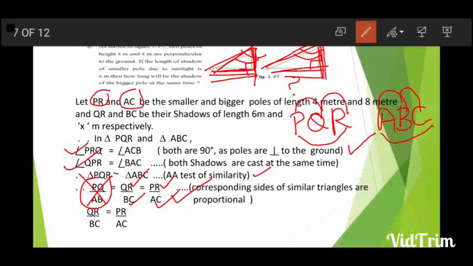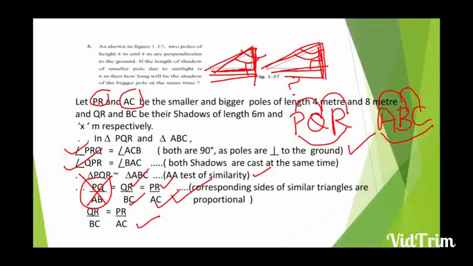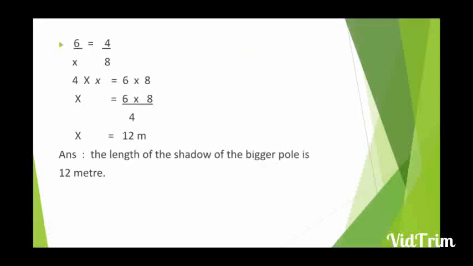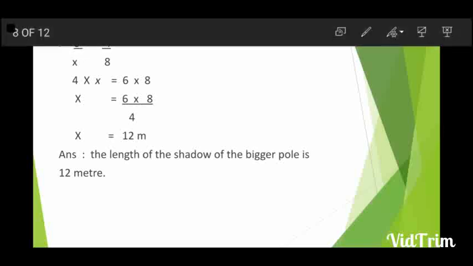In the next part I have written QR upon BC is equal to PR upon AC. Now we are going to substitute the values and we'll get the answer. So I have substituted the values and cross multiplied. Here 4 I have cancelled by 2 table. So I have got the length of the shadow of the bigger pole as 12 meter.